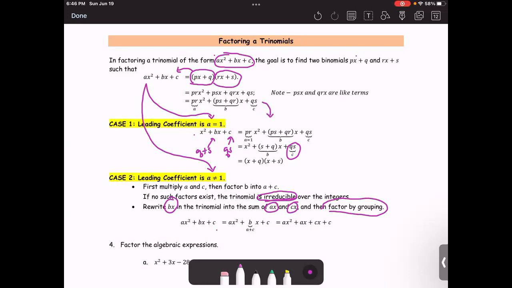You rewrite the b as the sum of the two factors, so that sum multiplied by x is expanded into two terms. At this point, you have 4 terms from the original trinomial. After you obtain 4 terms, you do the grouping technique to factor them.